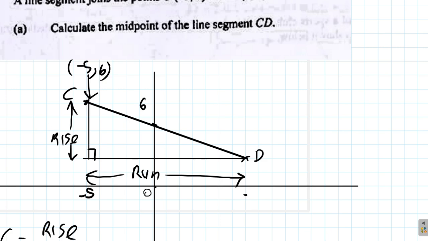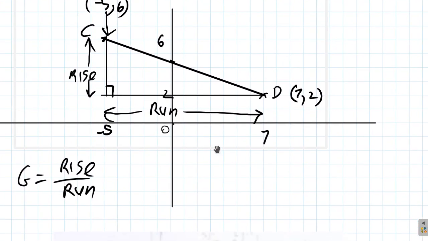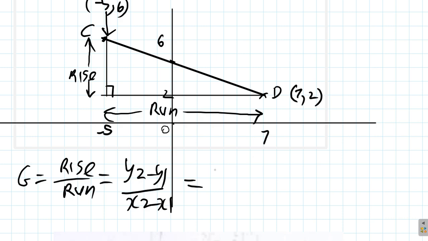So it's above 7 and beside 2. So D is at 7, 2. Now the y axis goes up and down. So the rise would be the difference between the y's. Y2 minus y1 divided by x2 minus x1. It's the same thing as y1 minus y2 divided by x1 minus x2, right?